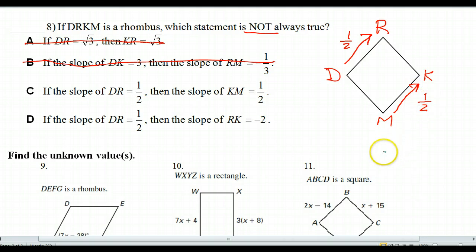A rhombus is a special kind of parallelogram. Every rhombus is a parallelogram, so opposite sides should be parallel, meaning same slope. So if one is 1/2, the other one will always be 1/2. So C, once again, is always true. So that's not going to be our answer.